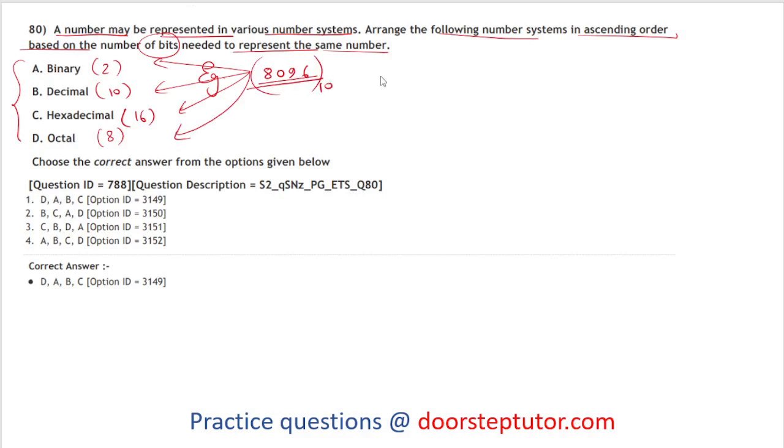Now we want to convert this into octal that has a base 8. So for that we are going to use the divide by 8 method. So this is 8096. Let us divide this by 8. That will be 1012 and the remainder will be 0. Now again divide it by 8, so that will be 126 and the remainder will be 4.